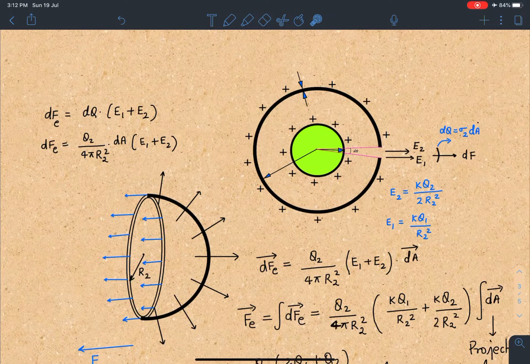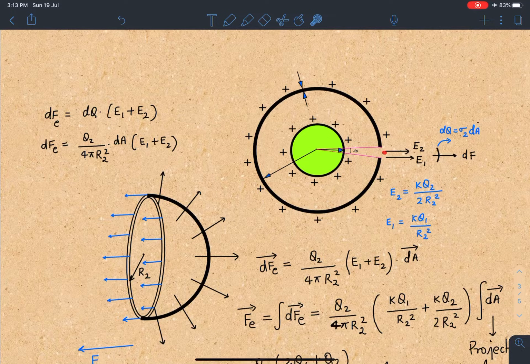But in the actual situation, it is in equilibrium. Therefore the material of the shell must be generating some kind of force which is acting inward, so that this entire system can be balanced, or these individual dq charges can be in equilibrium.